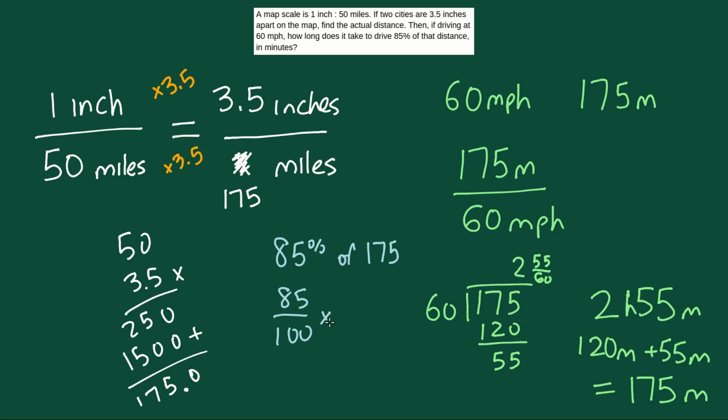The "of" means multiply, so this is all we need to do. Alright, so we had 85 over 100 times 175 over 1. Let's reduce this fraction. If we divided by 5 and divided by 5, we would get 17 over 20. It's equivalent to this.